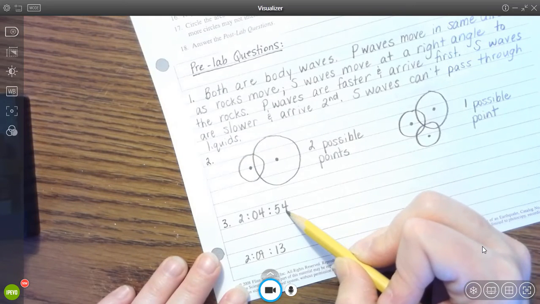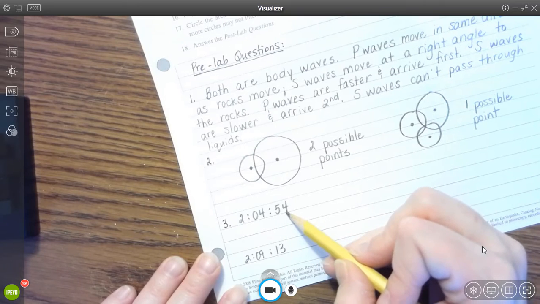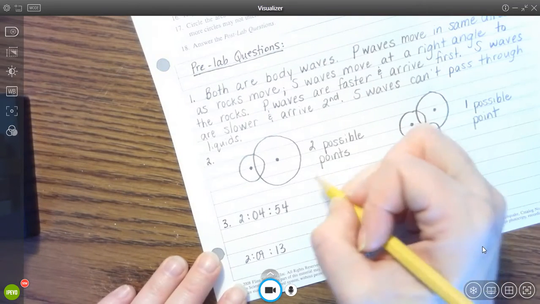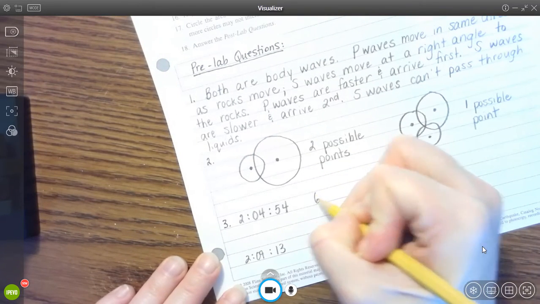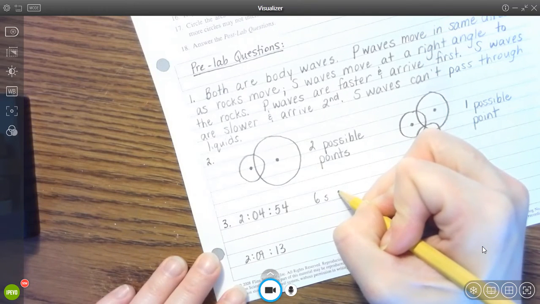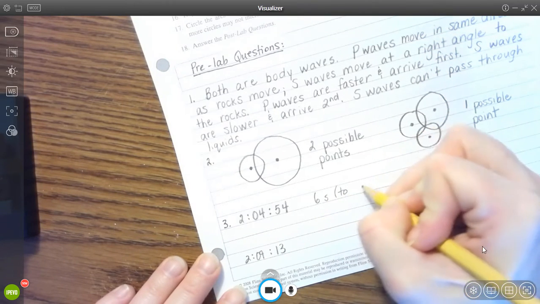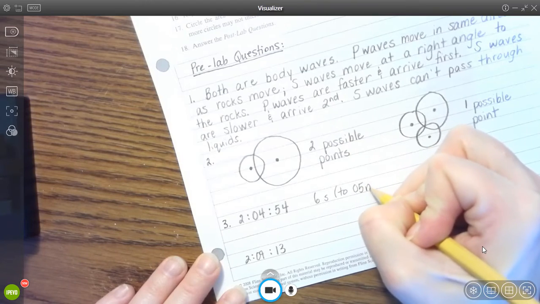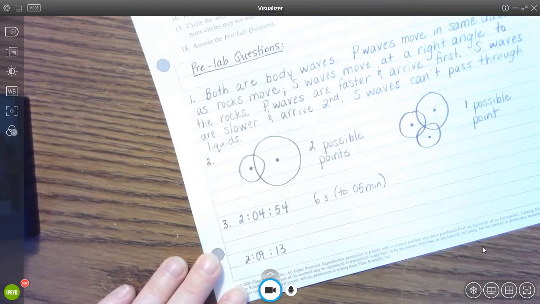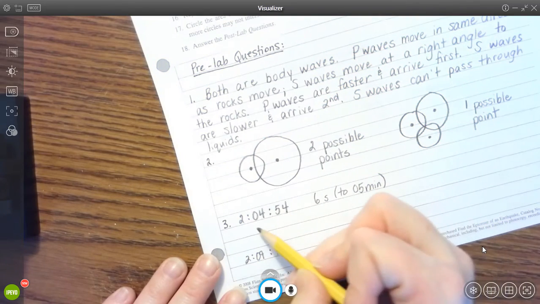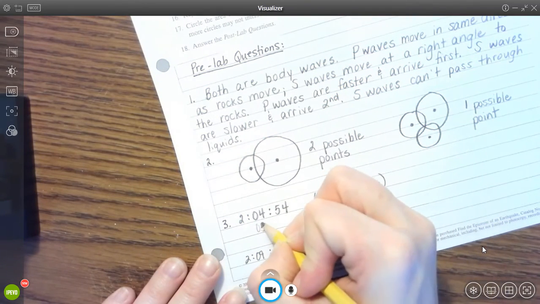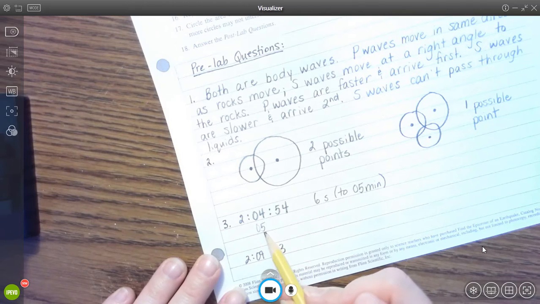Well, there's 60 seconds in a minute, so 60 minus 54 means 6 more seconds. So if I added 6 seconds, that would take me to 2:05.